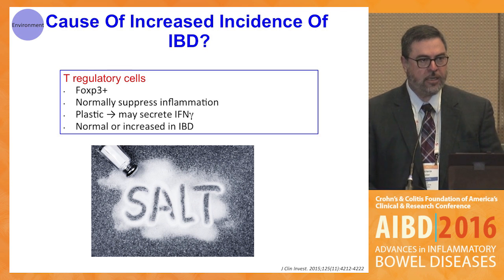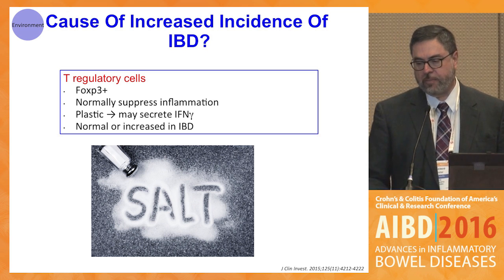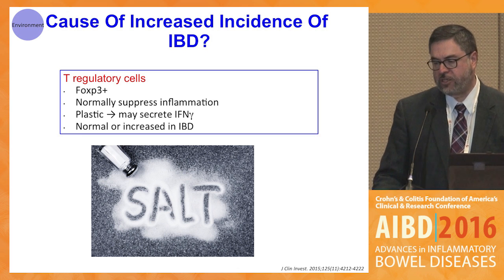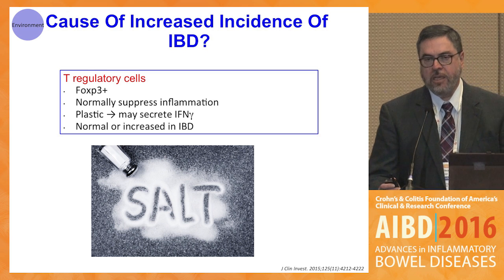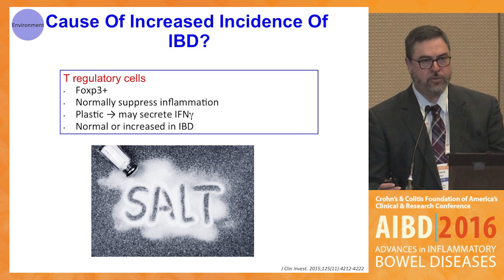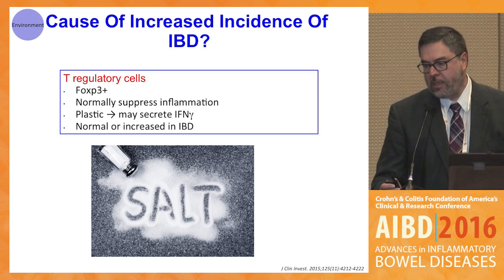They are plastic, so they're not always good guys. You can make them into bad guys. And in some conditions, the T regulatory cells actually start secreting inflammatory cytokines such as interferon gamma. Interestingly, in IBD, even though they're T regulatory, and you would expect them to be down, they typically are increased.